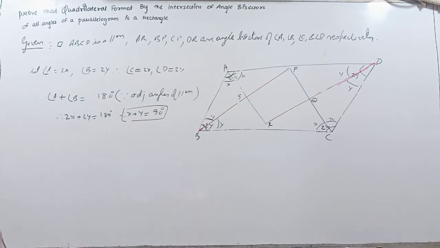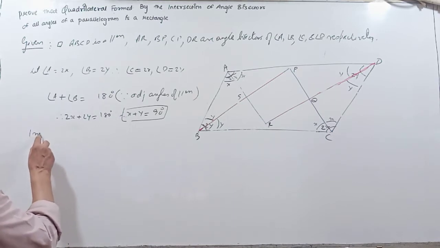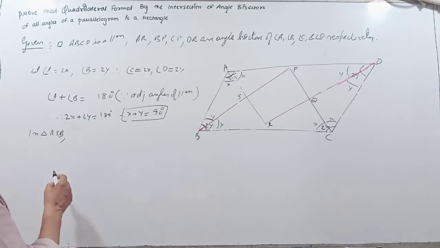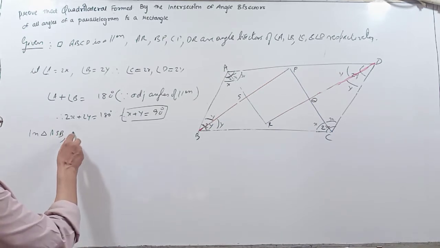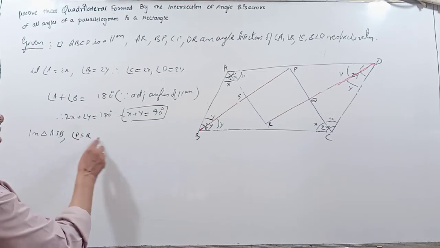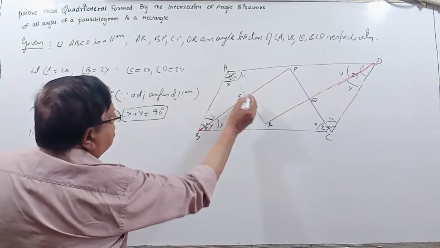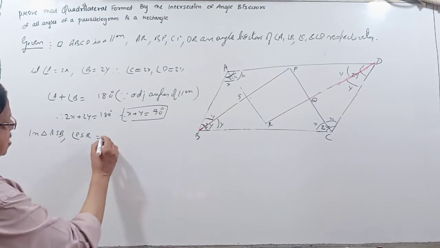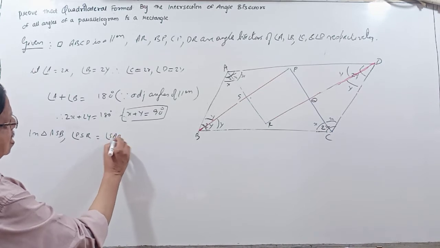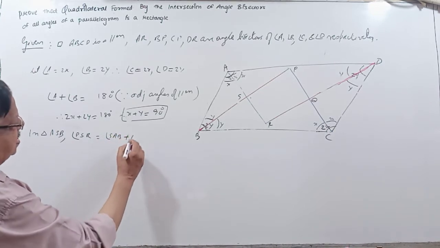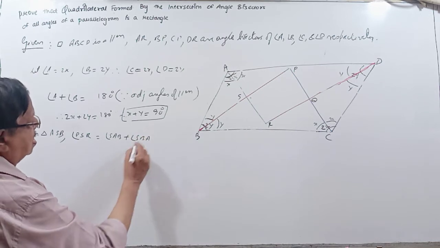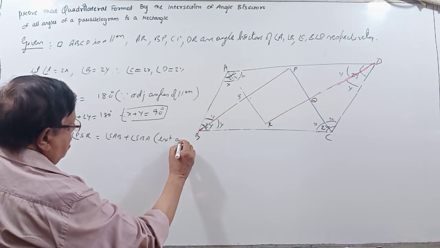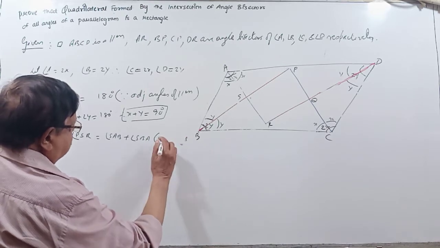Now in triangle ASB, angle PSR, this angle, equals angle SAB plus angle SBA, exterior angle or remote interior angles.